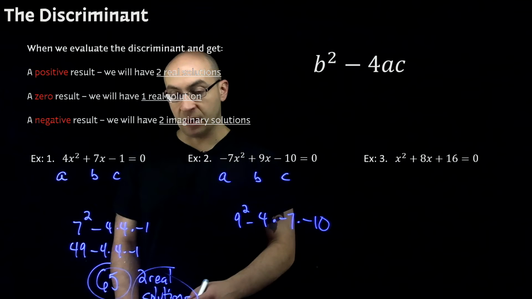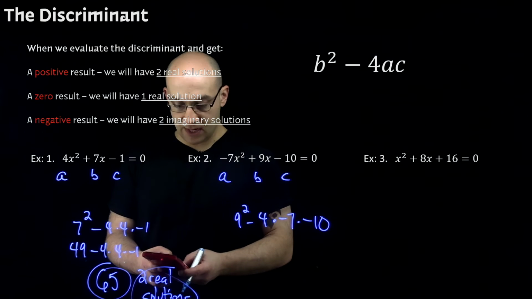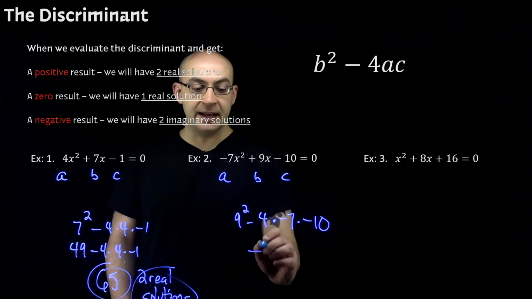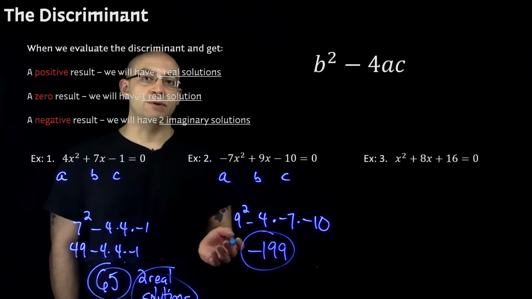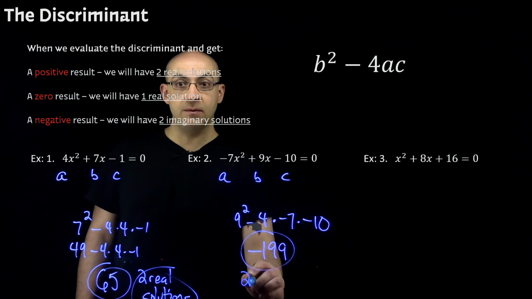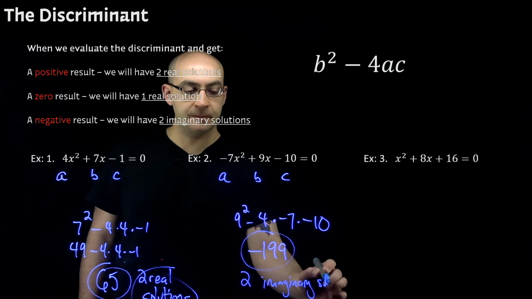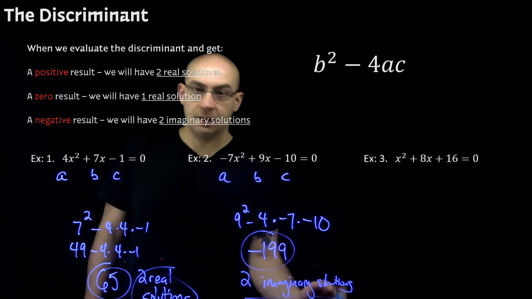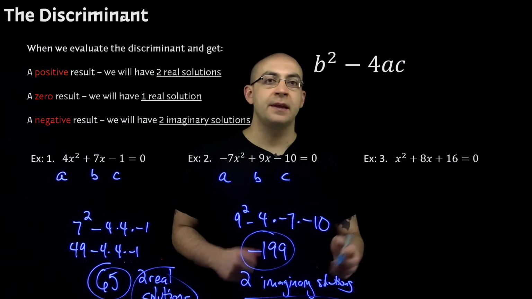Okay, well, let's plug it into the calculator and see what we get. 81 minus 4 times negative 7 times negative 10 is negative 199. Okay, well, that's a negative result, which means we're going to get two imaginary solutions. Okay, and let's move on, because we don't want to solve this quadratic here.